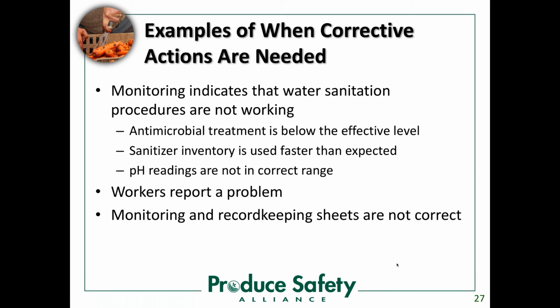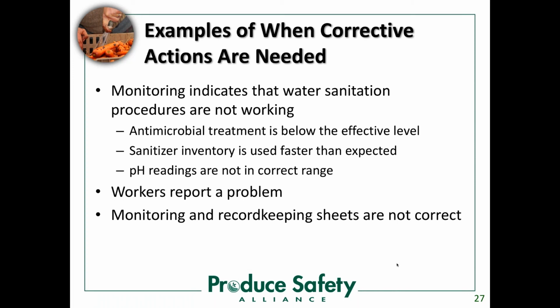So when do you need to do corrective action? You need to do corrective action when your monitoring shows that your water sanitation procedures aren't working. Your antimicrobial treatment is not effective. It needs to be increased. You're low on sanitizers. You're using it up faster than you expected. What does this tell you?